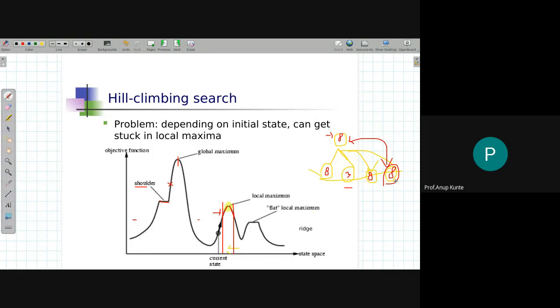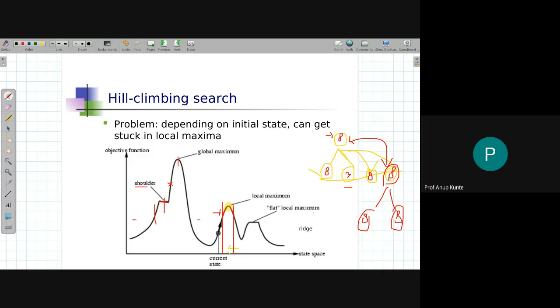So in a shoulder, if you go further ahead, you will still see the same region, so its child nodes are also 8. Now somebody may say, okay, still, sir, swap it, 8 is not worse, why not just swap it, fine. But then probably the chance is that if it is a shoulder, even in the next step, one extra step, this may actually be the region, and I selected this node on the edge of it, and still if I see ahead, I have all the nodes having value 8.